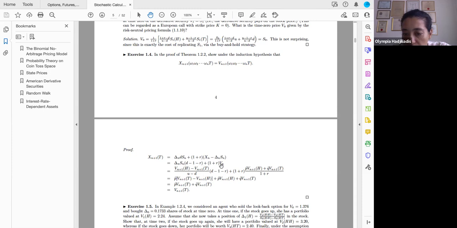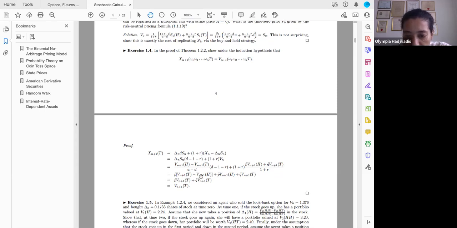And then this I can write as p̃ V_{n+1}(H) + q̃ V_{n+1}(T) over 1 + r. That's what V_n is. And so now I can just pull out all the terms with p̃.